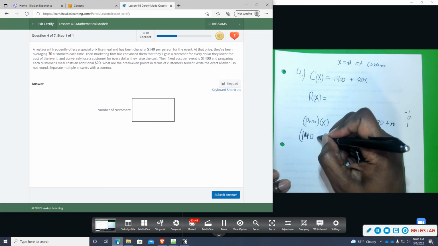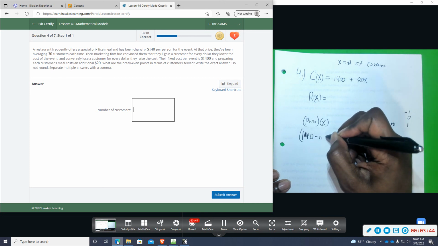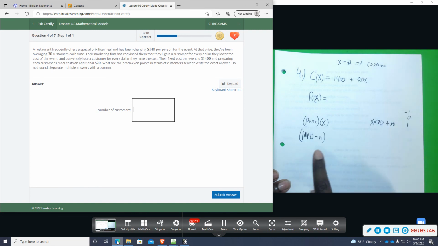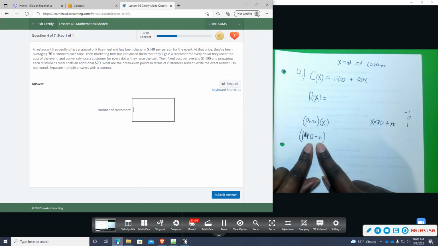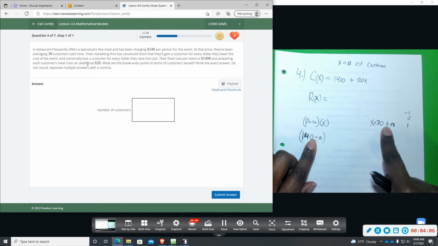If I subtract 1 or add 1, I could increase or decrease the price. We need to do opposite signs. So let me try to explain this. According to the marketing firm, they will gain a customer for every dollar they lower the cost. So if I go down 1, this goes up 1, and vice versa.